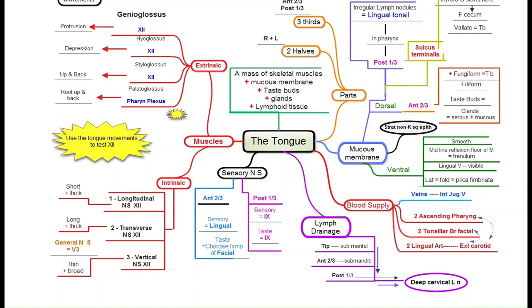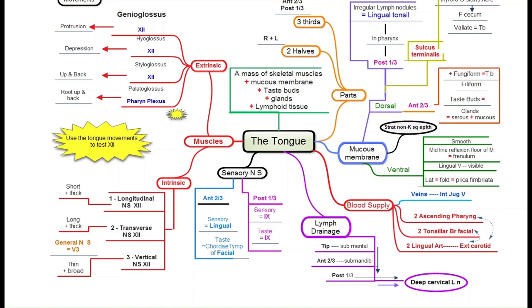So you get branches from the tonsillar artery and branches from the ascending pharyngeal arteries. All of them are branches of the external carotid. So when I asked you to look for the extra 2, here is the answer.